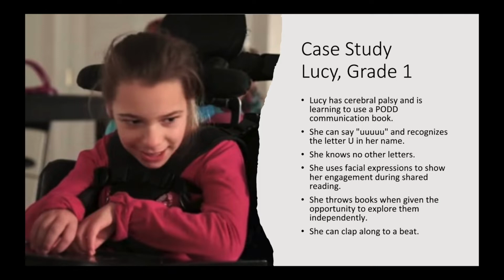Lucy has cerebral palsy and is learning to use a POD communication book. She can say ooh and recognizes the letter U in her name. She knows no other letters. She uses facial expressions to show her engagement during shared reading. She throws books when given the opportunity to explore them independently, and she can clap along to a beat.